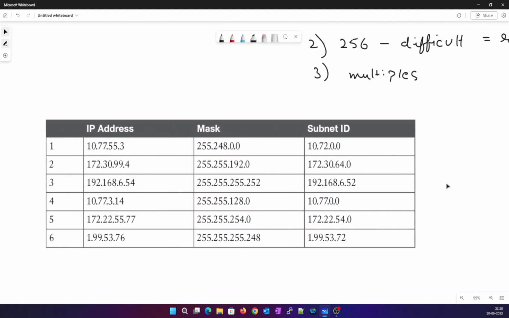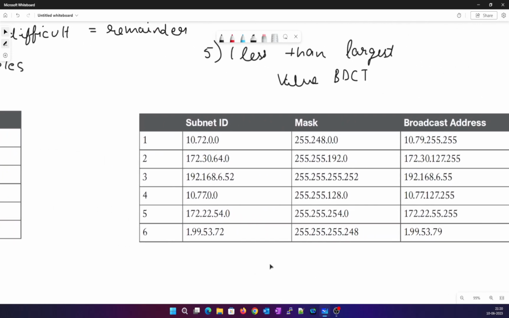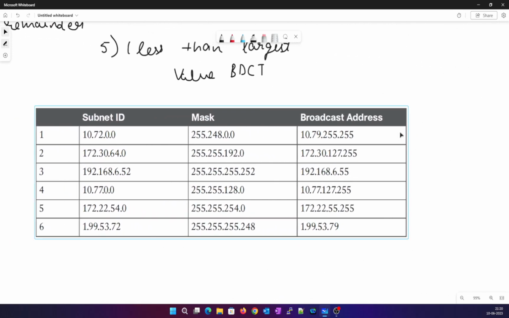Please pause this video, right? So you can see the IP addresses, their mask, and their subnet ID given here. Similarly, for the same IP address, you can see the broadcast address. You can pause and practice using my method of using the magic number, copying the 255 octets as such, then use the magic number, then use the multiples, find the range.